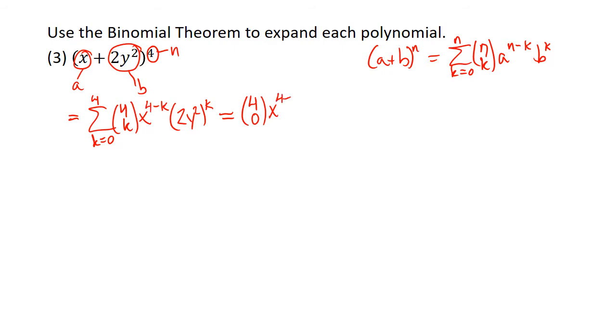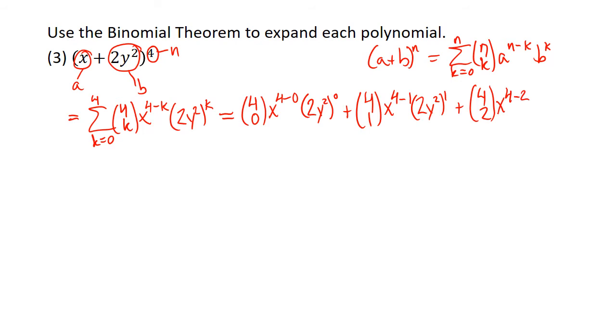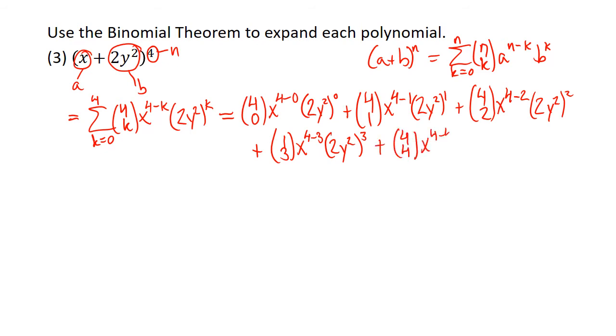So x^(4-0), and then (2y^2)^0, plus 4 choose 1, x^(4-1), (2y^2)^1, plus 4 choose 2, x^(4-2), (2y^2)^2, and then the last two terms, 4 choose 3, x^(4-3), and then (2y^2)^3, and the last term, 4 choose 4, x^(4-4), (2y^2)^4.